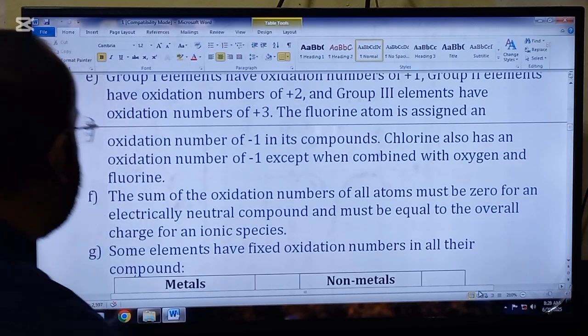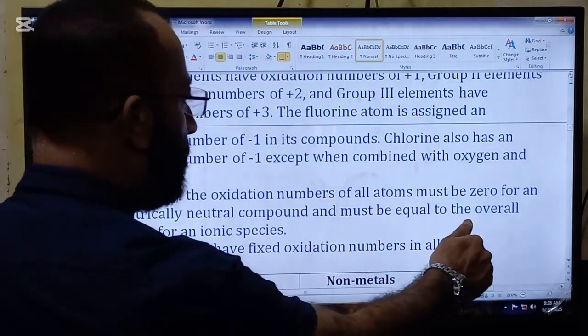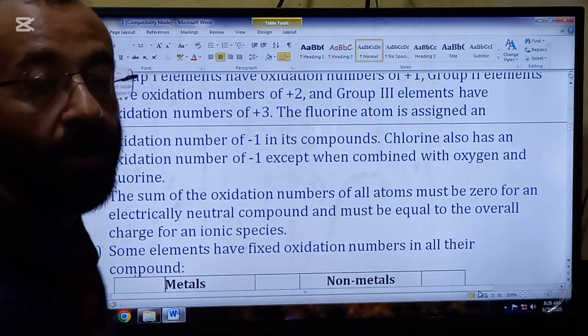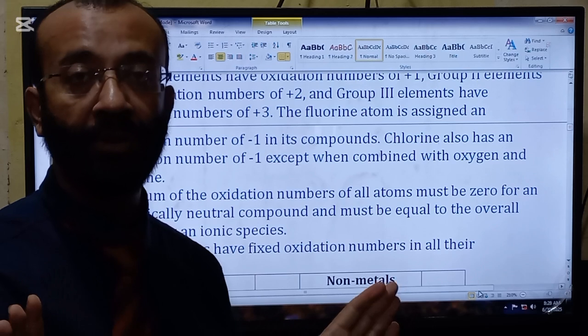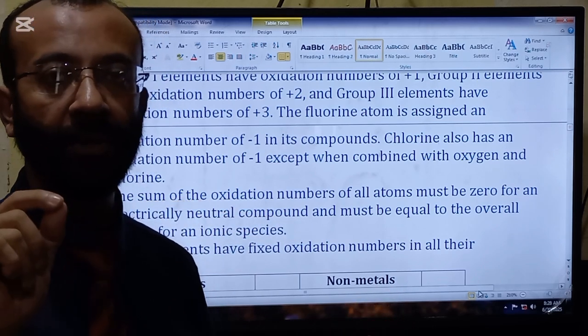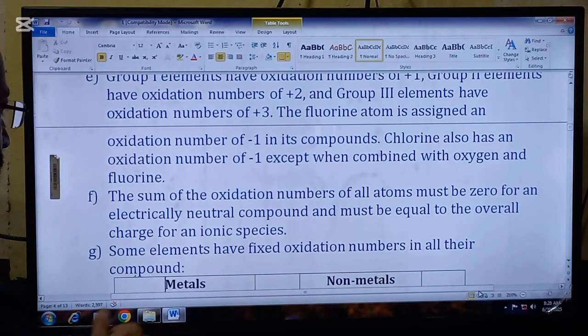Next rule is the sum of the oxidation numbers of all the atoms must be 0 for an electrically neutral compound. So if a compound is neutral, then the sum of the oxidation numbers will be equal to 0. So this is the rule. So read again.